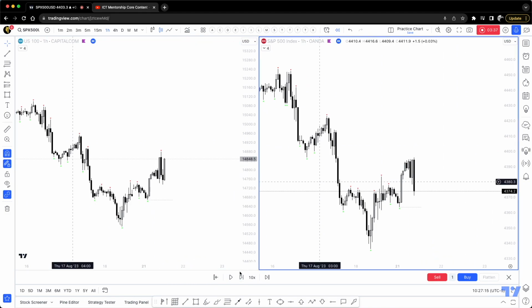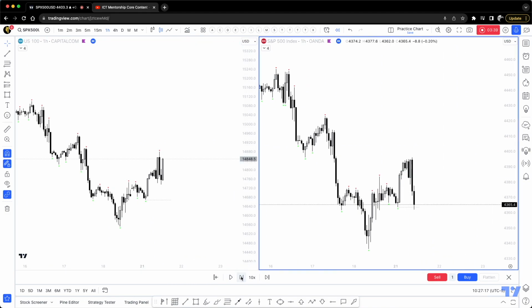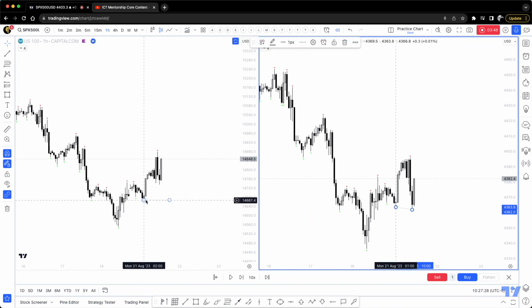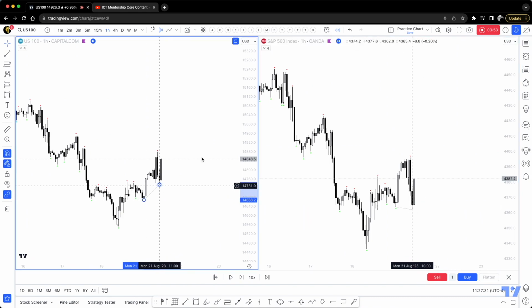You see the price is pushing up, and on S&P all of a sudden we see a failure: it went a little lower and broke that previous low. But Nasdaq has not broken it yet. What it's doing is creating a higher high. And S&P recently created, I'm sorry, not a higher high, a higher low.